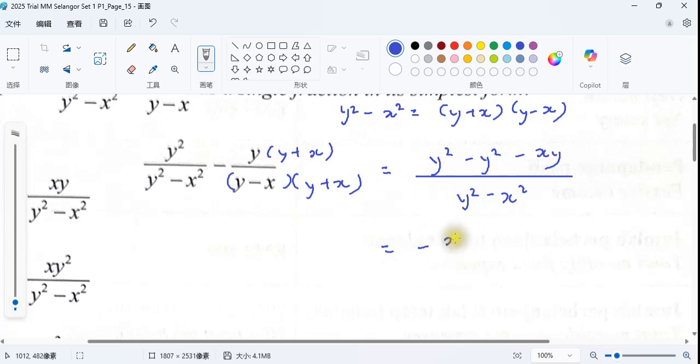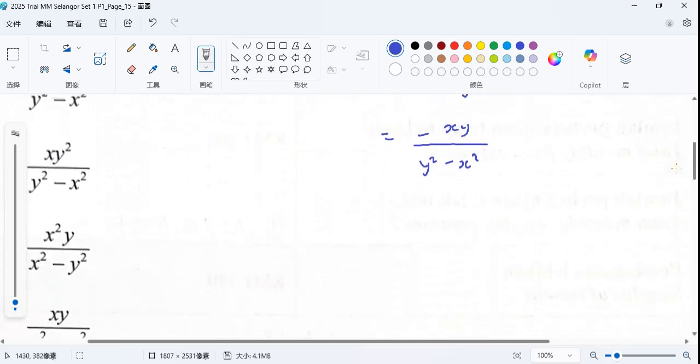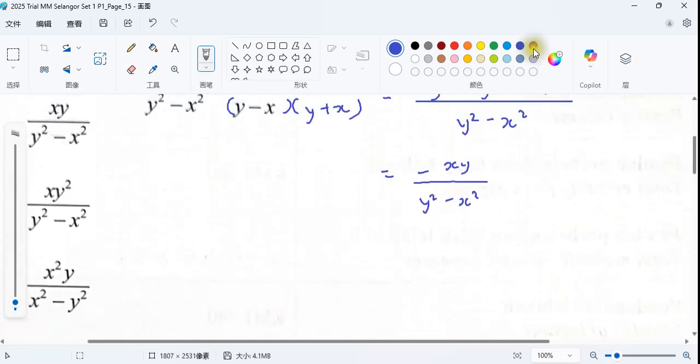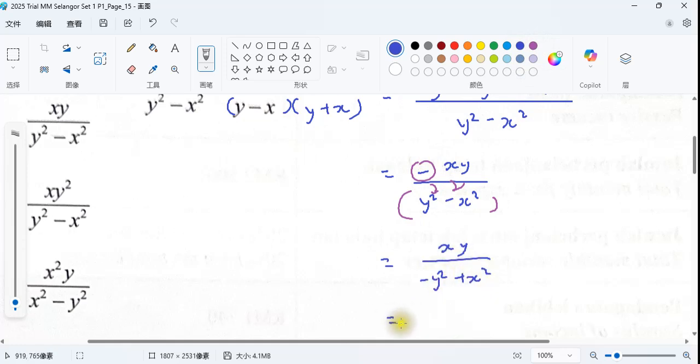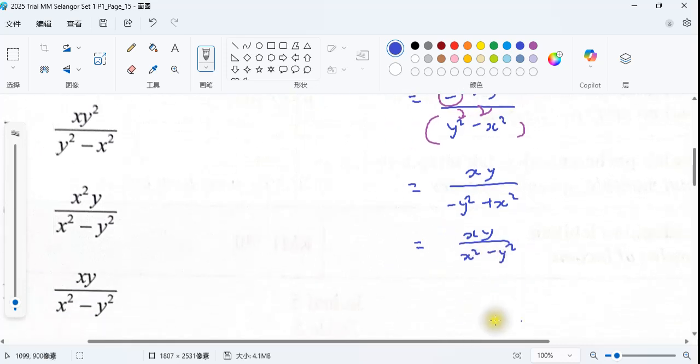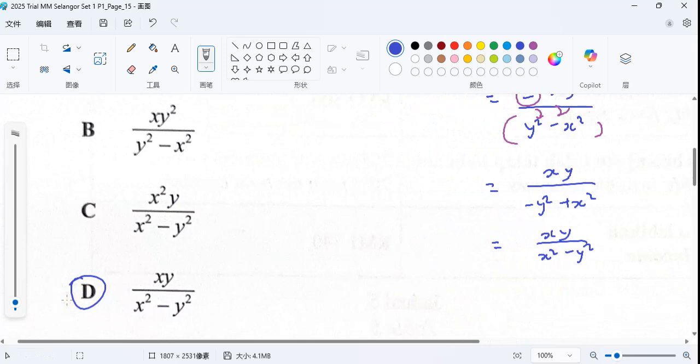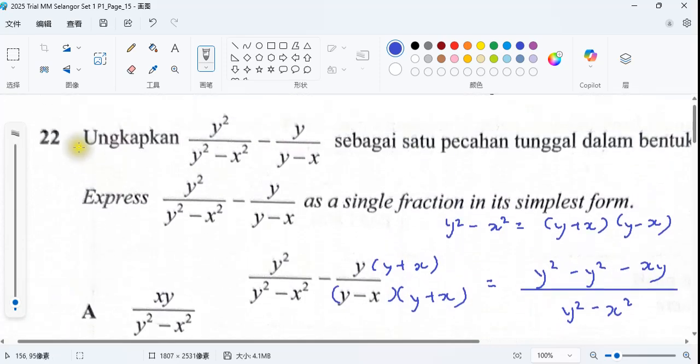Then we will have negative xy over y squared minus x squared. Then we expand here, then it will become xy over negative y squared plus x squared. So it will be xy over x squared minus y squared. So the answer is D. Okay, so this is from Form 2 chapter 2, algebraic expression.